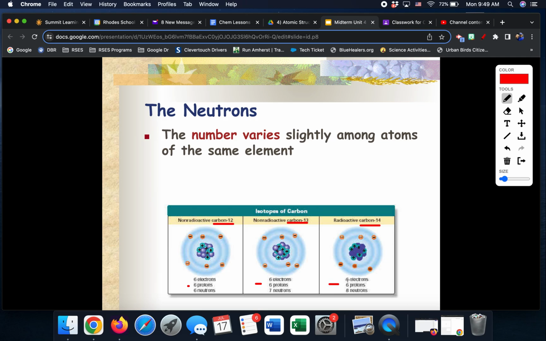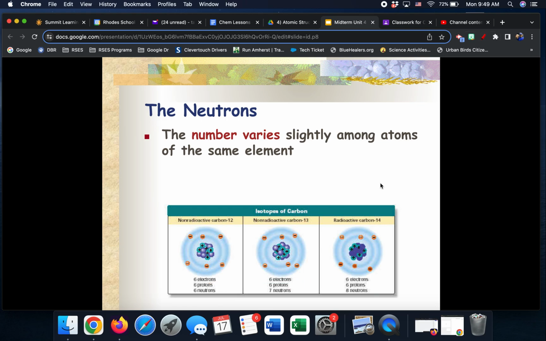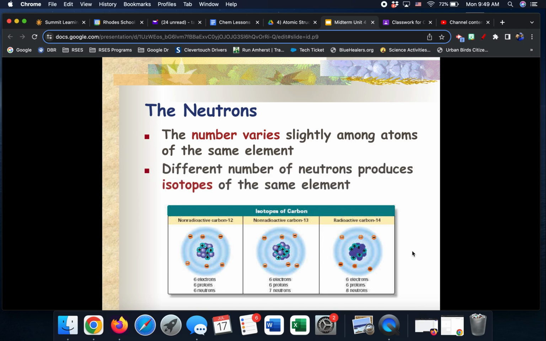Those can't change, and since this is neutral, we also have 6 electrons in each case, but 6 neutrons in carbon 12, 7 neutrons in carbon 13, 8 in carbon 14. Since they're neutral, they don't affect the properties, they only affect the mass. So you can have different amounts of neutrons in the same element.